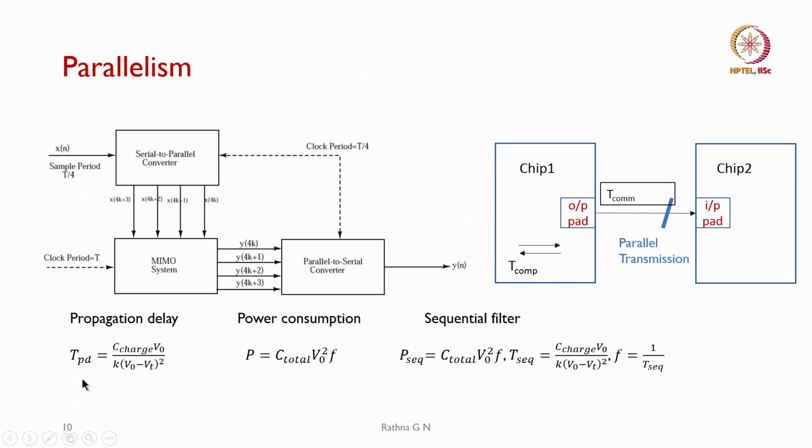So, what is the power basically? This is the propagation delay that we have put. It is going to have the charged capacitors, and our input voltage is V naught, and this is directly proportional, so we are putting the constant k here, and Vt is the threshold above which our transistors are going to switch on.